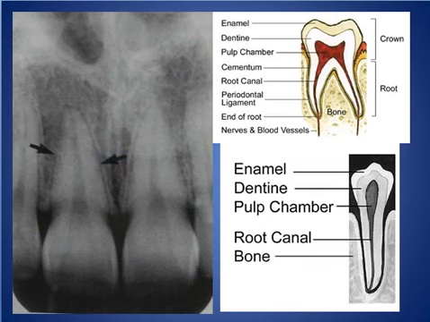The periodontal ligament attaches the root to the alveolar bone of the jaw, and has both nerve supply and blood supply. And this ligament provides an elastic cushion between the tooth and the bone.